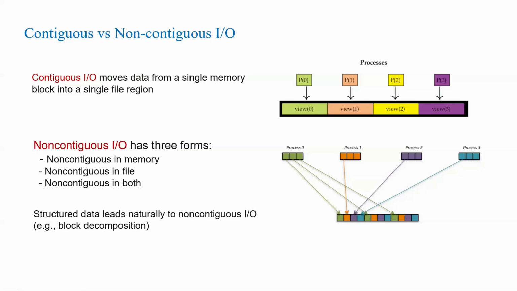We're not going into the detail, but here we show non-contiguous in file, where each process writes partial data following certain patterns, and then basically repeats those, leading to a whole common file. Normally structured data will lead naturally to non-contiguous I/O.